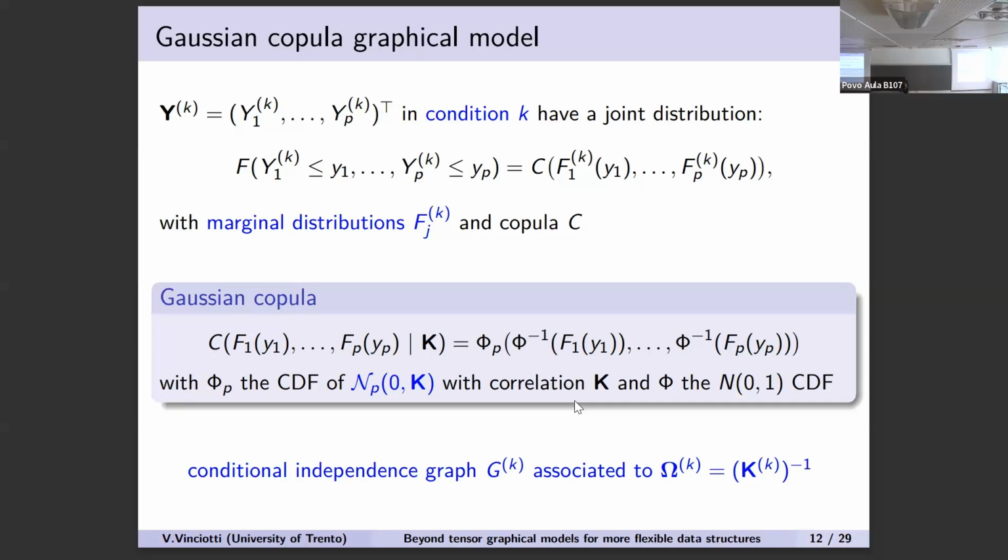Obviously, I don't know F, but I can go backwards in some sense. I choose a copula, and so I model the joint distribution with that. It's quite convenient to use a Gaussian copula, which you see written here, because then you can go back to Gaussian graphical models. So you go back to this precision matrix, the inverse of this K, which gives you the dependence structure between the microbes, but accounting now for marginals that are not Gaussian.